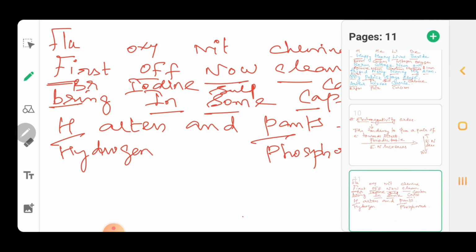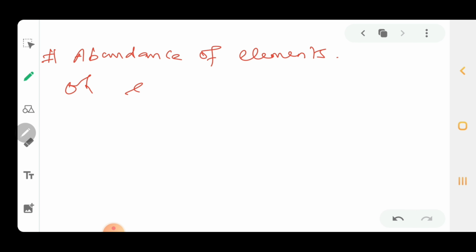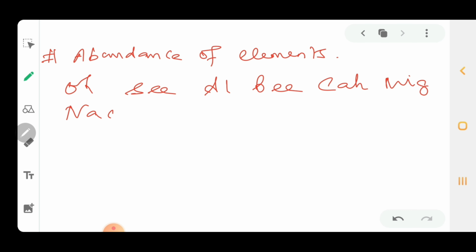Okay, now we will be moving on to another trick which is used to remember the abundance of elements. So the trick is O, C, L, Phi, Ka, Mig, Nat.